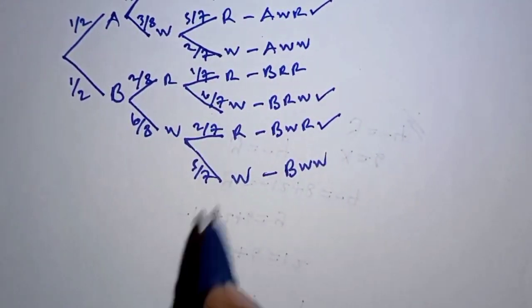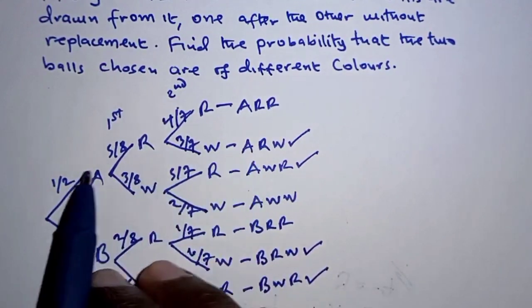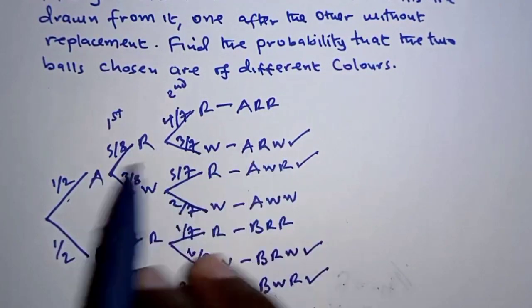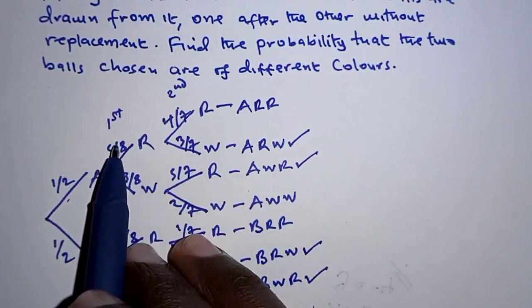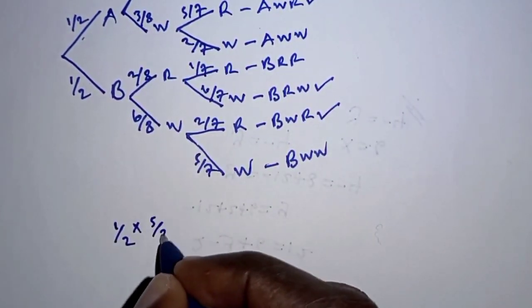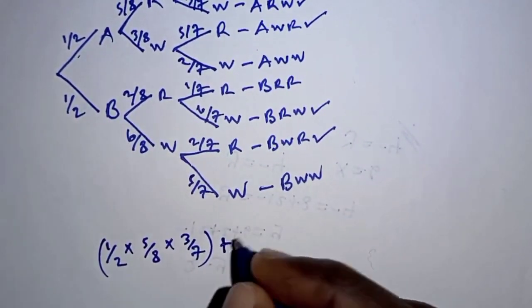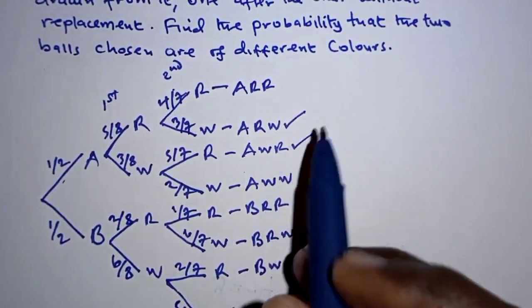So for the first part, let's begin with this one here. If we follow this path, we have a half times 5/8 times 3/7. That is for the first one, and then we'll add that to the second one.